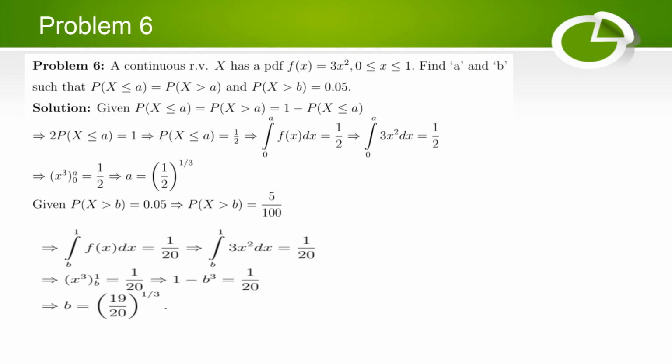Given P of x greater than b equals 0.05, implies that P of x greater than b equals 5 by 100.